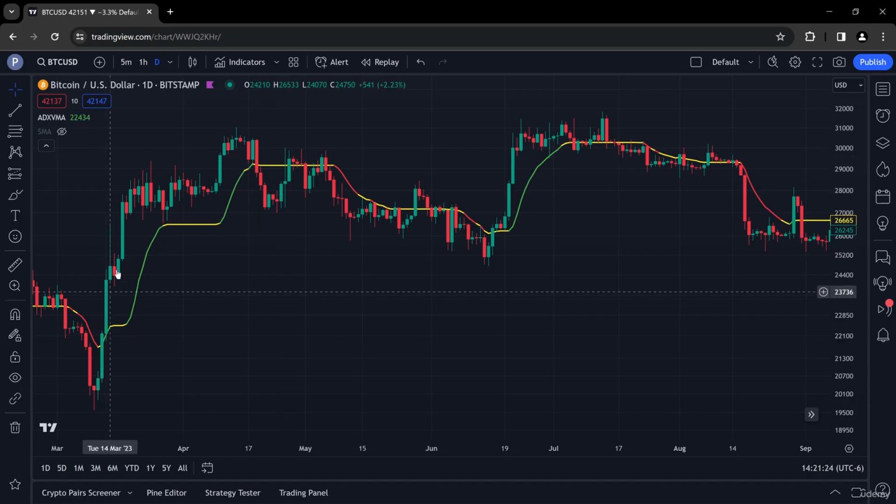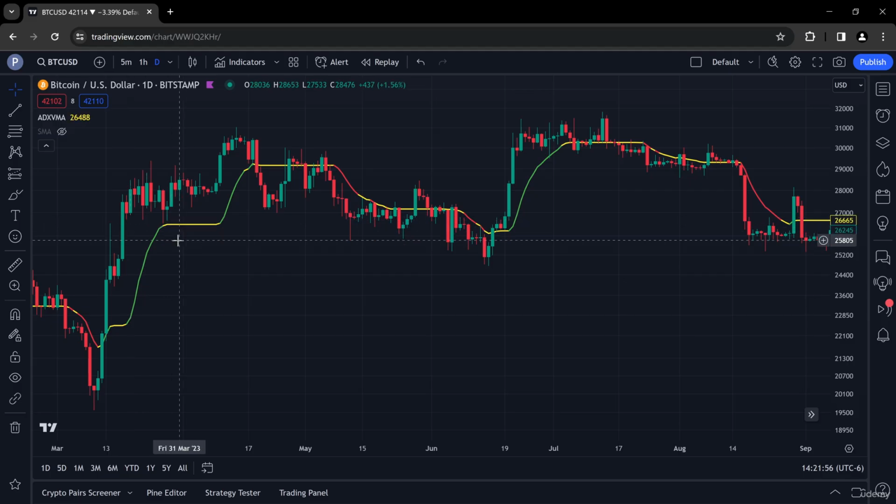When the market, like in this section, is strongly trending, the ADX VMA indicator is following price closely, but when the market is flat, the indicator is simply flat. And so the stronger the market, the closer the ADX VMA indicator will be following the price movements.